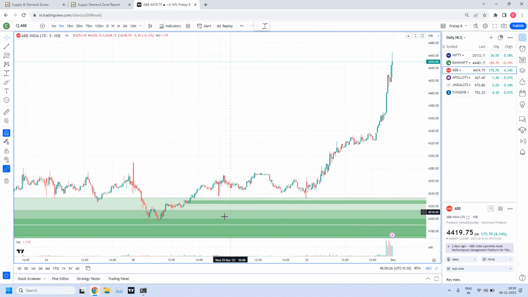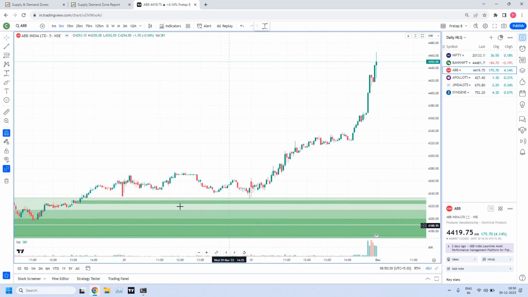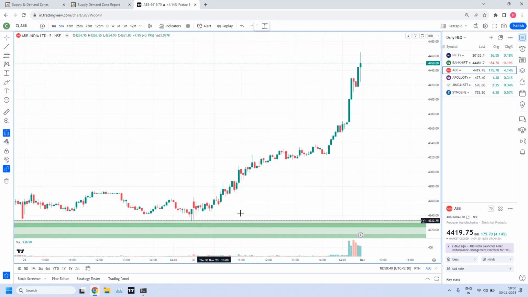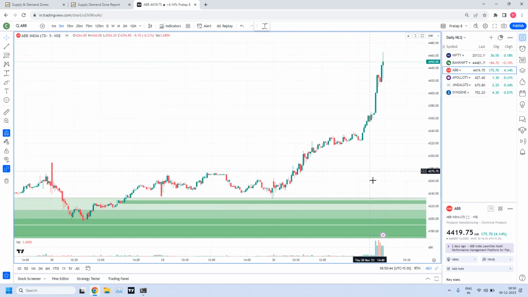So this is the way I identified this high liquidity zone with the help of our software. Please remember, this is with the help of the software. So those who would have kept a small buffer here, they would have got an entry and which would have given you a huge profit on ABB.